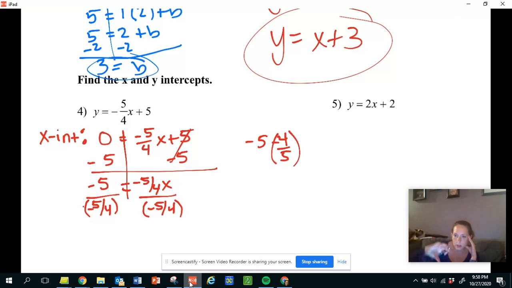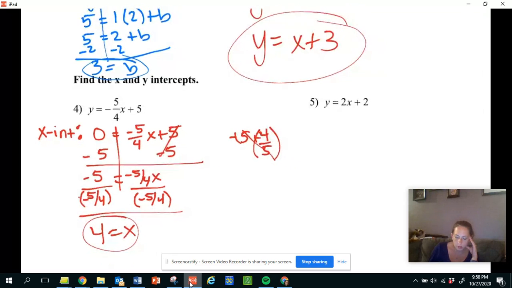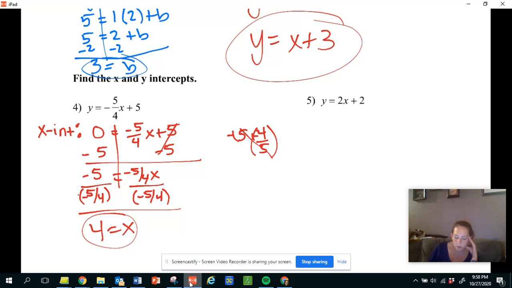It's like you multiply by the reciprocal, which is the fraction flipped over. And then negative 5, well, the 5's cancel out, and the negatives cancel out, and I'm left with 4. But you can type it into a calculator, don't freak out. So my x-intercept is the point 4, 0, because it's a point on a graph, technically.